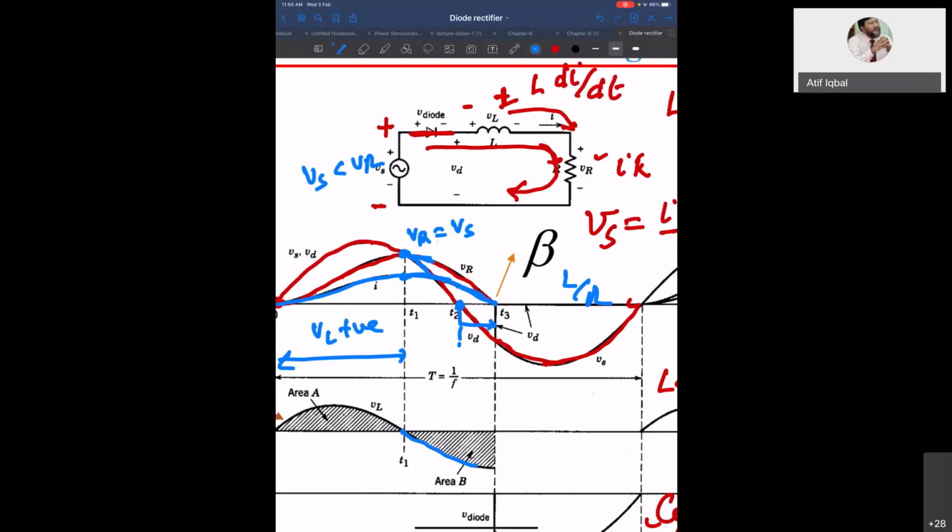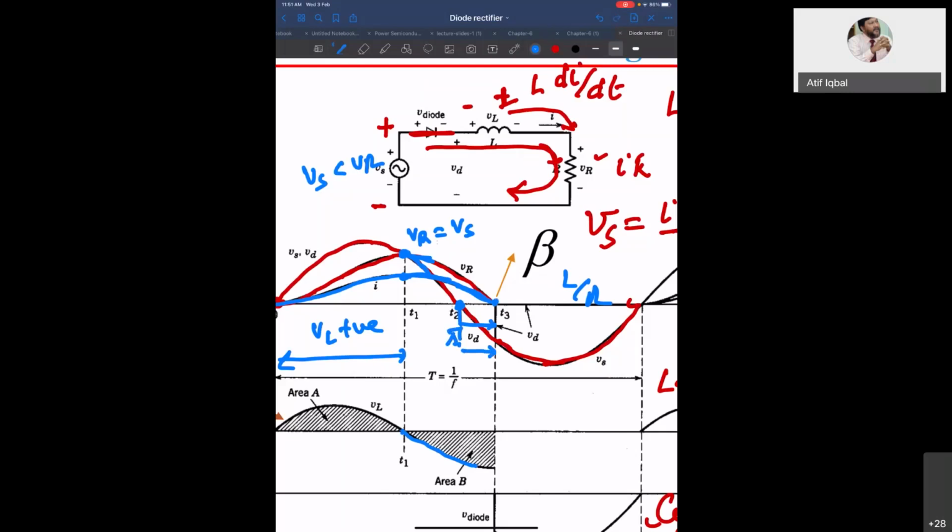So current will exceed pi. Now, how much will it exceed? This duration depends upon the value of L and R. If the ratio of L and R is high, it goes much more beyond this point. If it is less, it will quickly die. But certainly it will always go beyond pi.